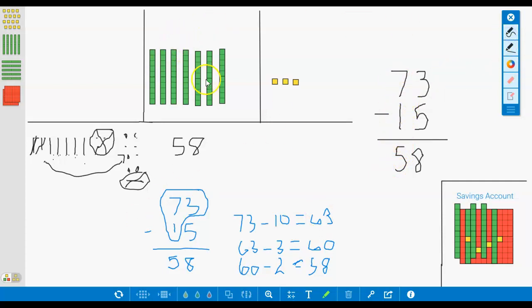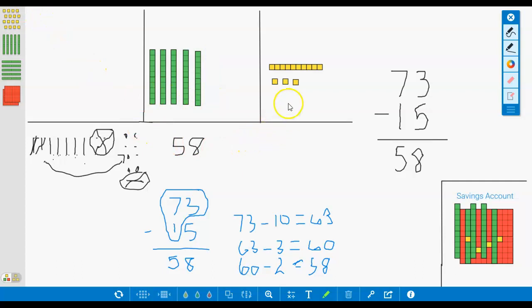Let me grab that and take it away. Now I still need to take away 5 more pieces. If I have 3 pieces left in my ones, I can't take 5 away if I only have 3. So I need to decompose a tens piece.